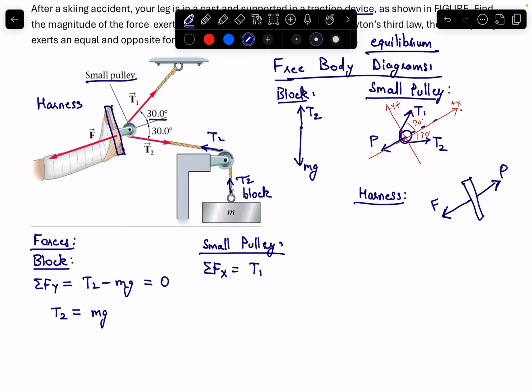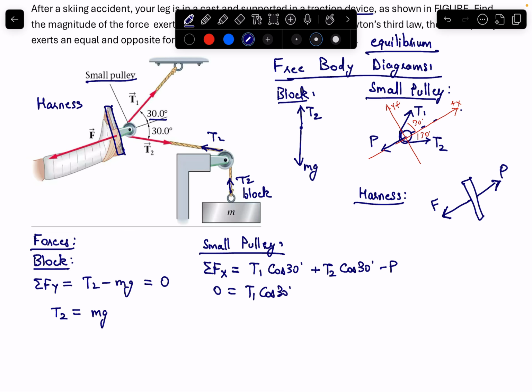In the positive direction, I have T1 cosine 30 plus T2 cosine 30. And then in the negative direction, I have P. Again, things are not moving, so I can say all of this is equal to 0.